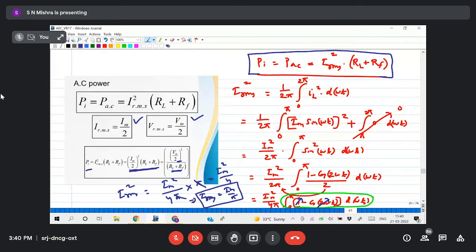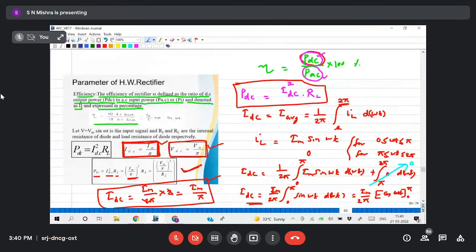If you understand this AC power and DC power clearly, then you can easily find the efficiency, because efficiency equals PDC by PAC into 100%. We'll replace this value here as AC power, and the last one we calculated, Im by pi whole square into RL, as DC power.